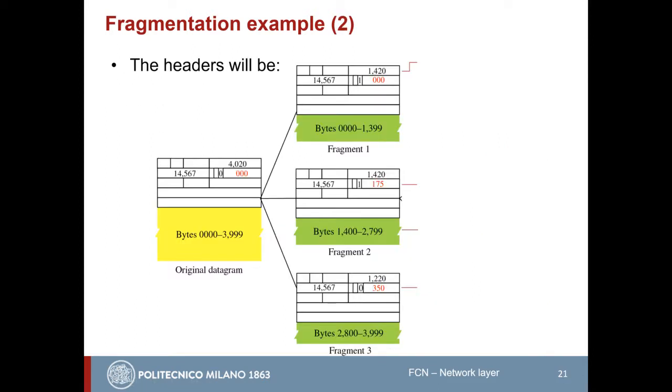So when we have to build the fragments, each fragment has a header. This is the header of the original packet. Only the relevant fields are written here. As you can see, when you have a packet which is not fragmented, the more flag is set to 0 because that is the first and the last fragment.